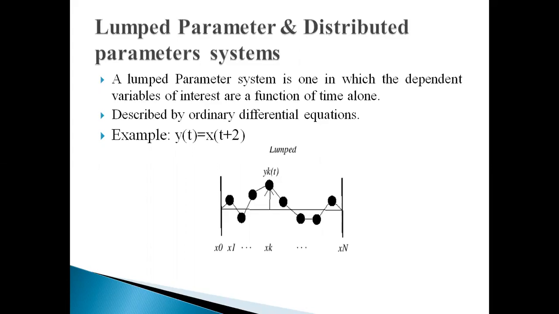These are described by ordinary differential equations. An example of a lumped parameter system is y of t is equal to x of t plus 2. This system depends on a single parameter, that is t. Therefore, these types of systems are called lumped parameter systems.